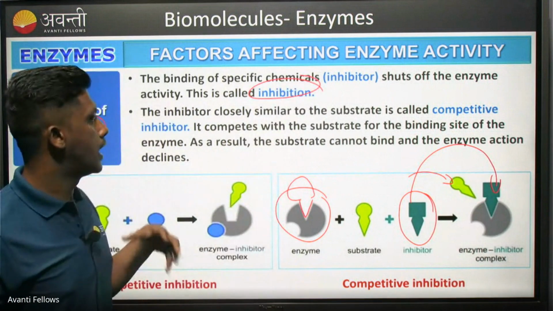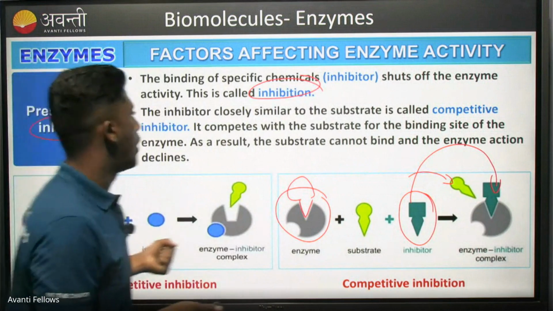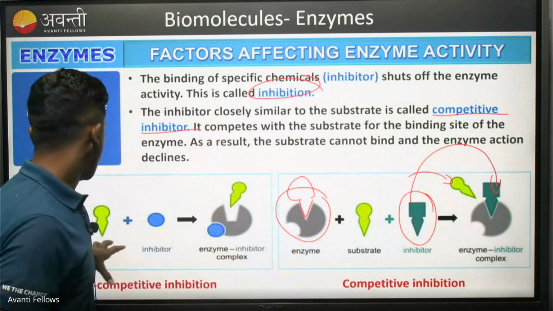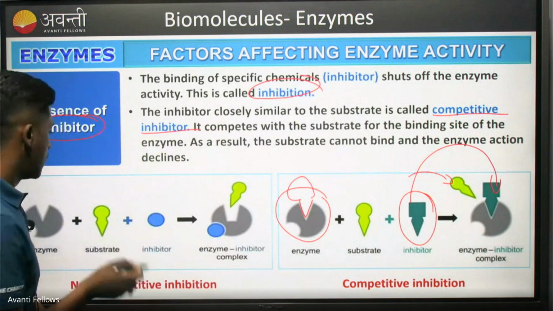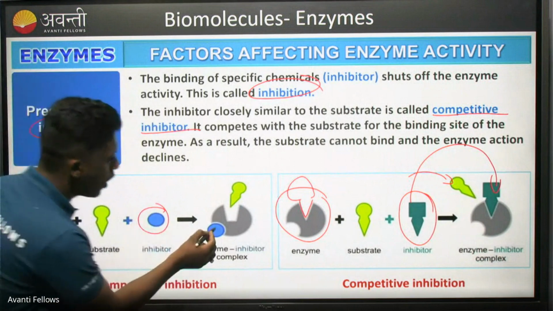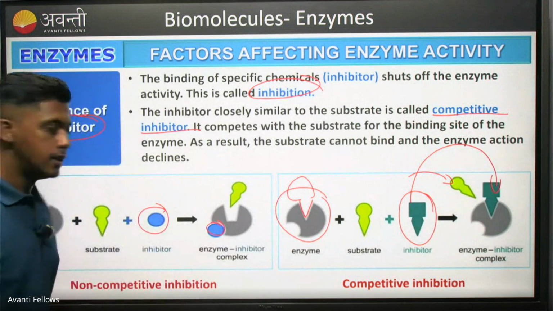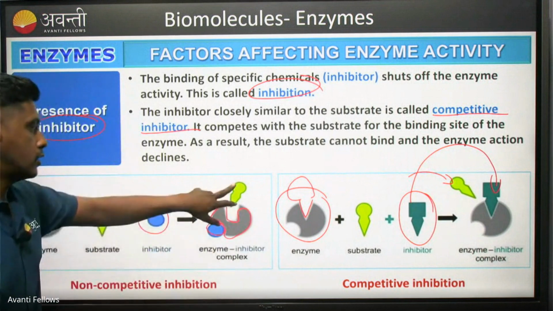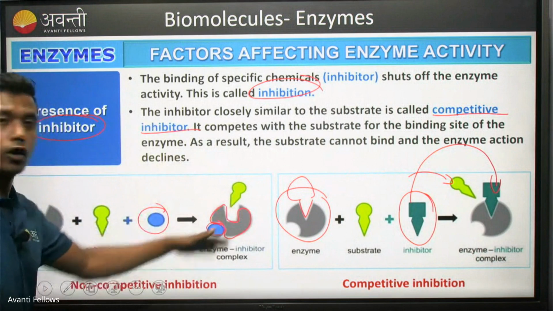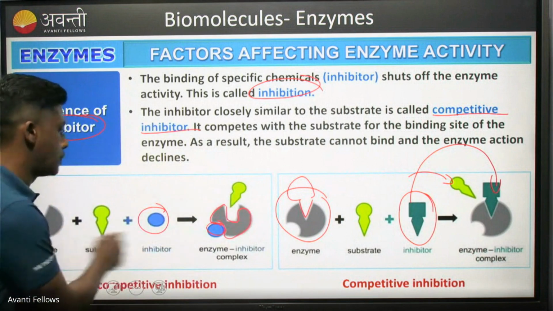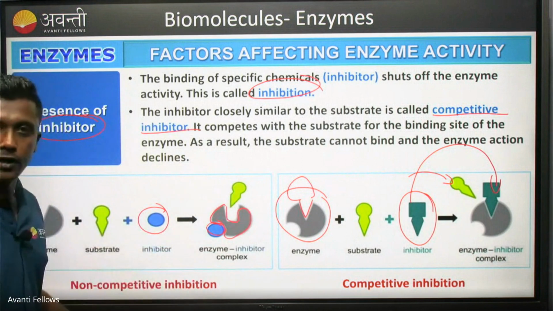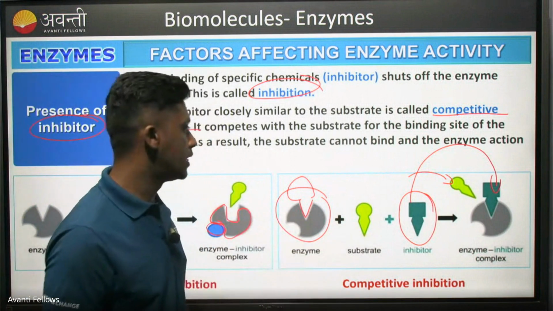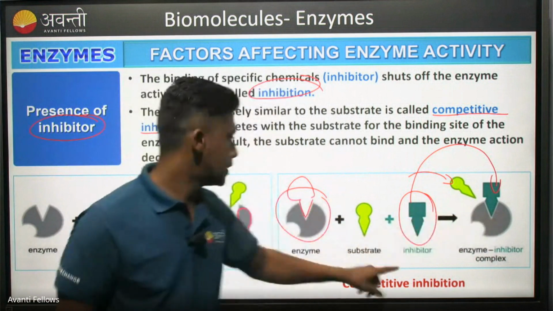We have a very good example, one of the competitive inhibitors. What is a competitive inhibitor? A normal inhibitor will go and bind to a different spot, thereby changing the configuration, so that your enzyme cannot bind here. When it comes to competitive inhibitors, they fight for the substrate spot.